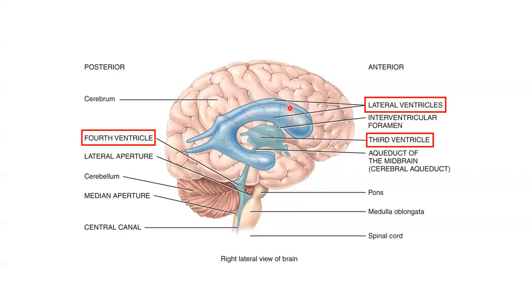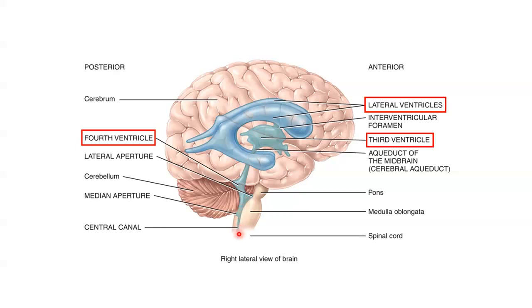So cerebrospinal fluid is first produced in these lateral ventricles. It then flows down into our third ventricle, where more cerebrospinal fluid is produced. It flows down this little tube here, which is our cerebral aqueduct, into our fourth ventricle. More cerebrospinal fluid is produced here, and then that fluid flows down the central canal.